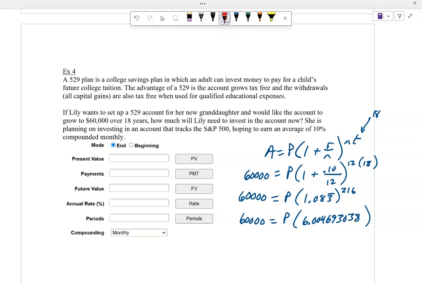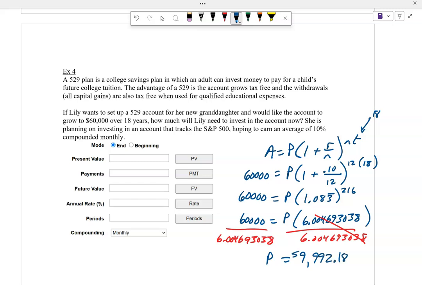And now we're going to divide both sides by that, 6.004693038. And that P will end up being 60,000 divided by that. We'll end up with 9,992.18.